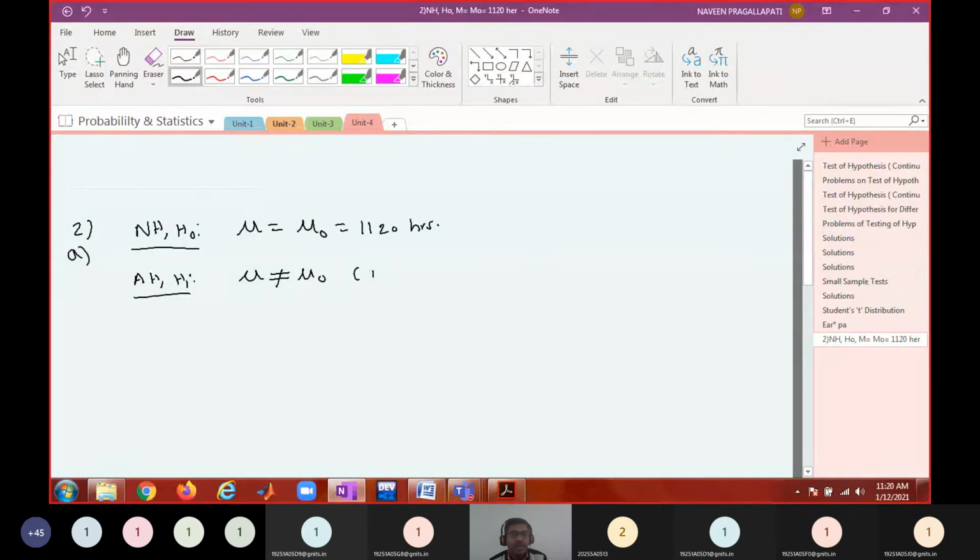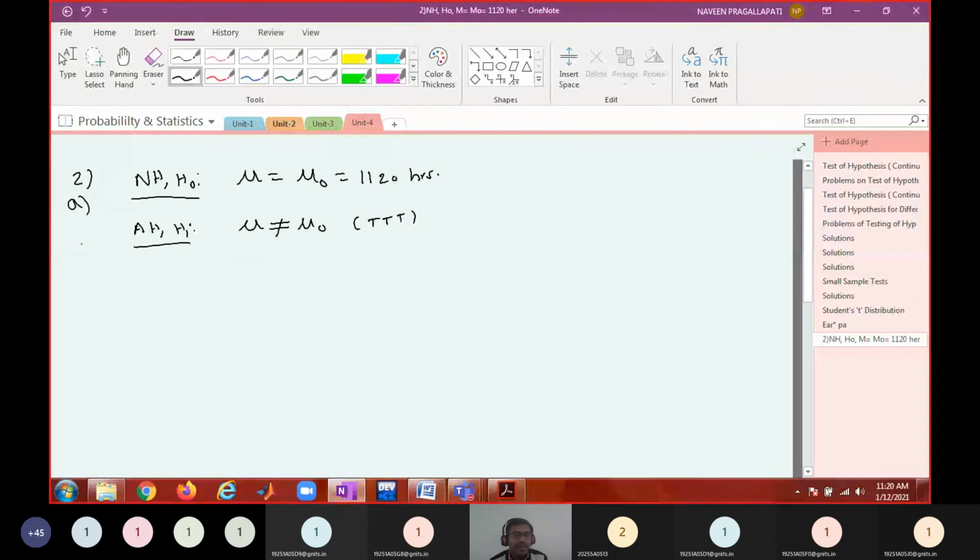So apply a two-tailed test. What is the level of significance? Let us take it as 0.01 for the time being. And the degrees of freedom is n minus 1, with 8 computers, so 8 minus 1 equals 7 degrees of freedom. What are the critical values?